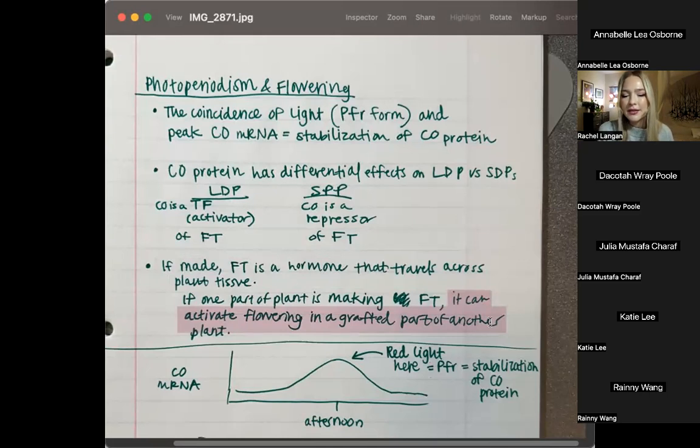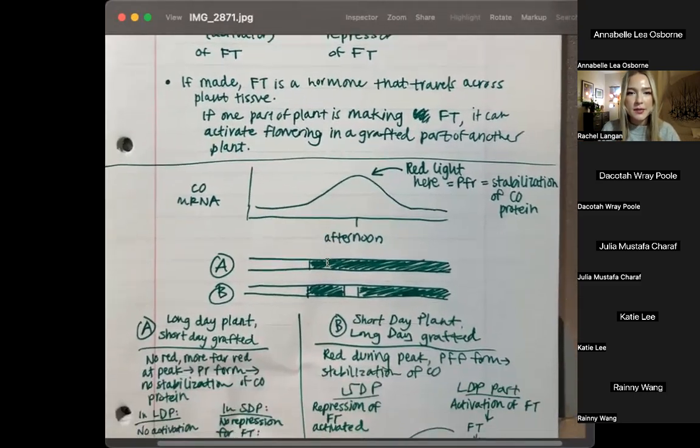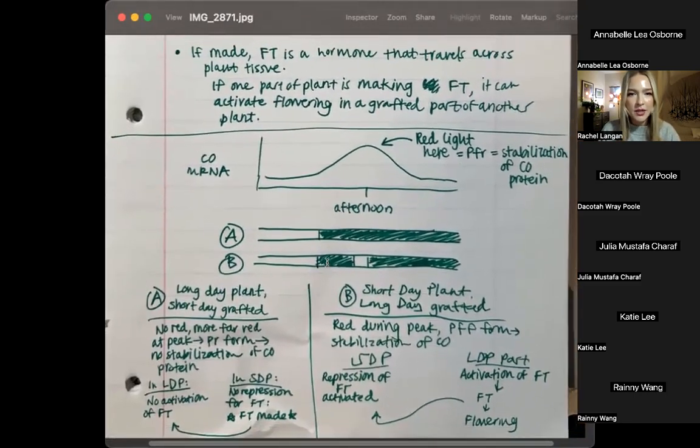So if you have a long day plant that is making FT and you graft on a short day plant that's not making FT, you can cause that short day plant to still flower, because the FT hormone can travel to it. Okay, so if you know those three things, you can answer any question about an experiment on flowering, which is what you're going to get.